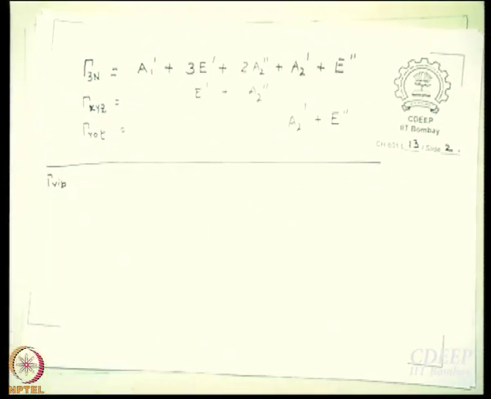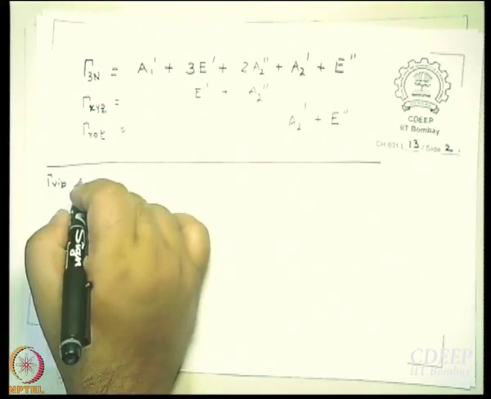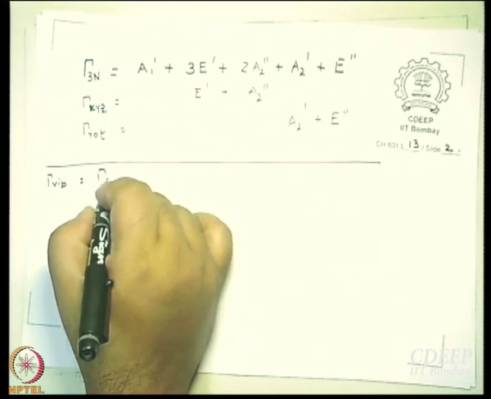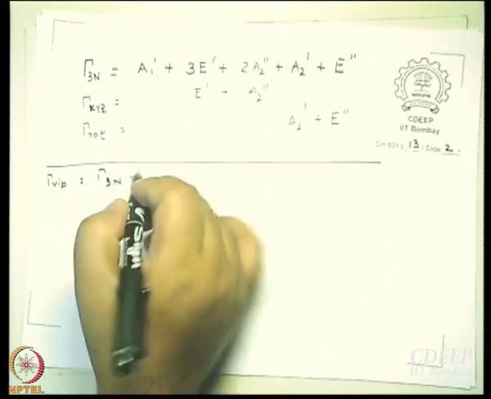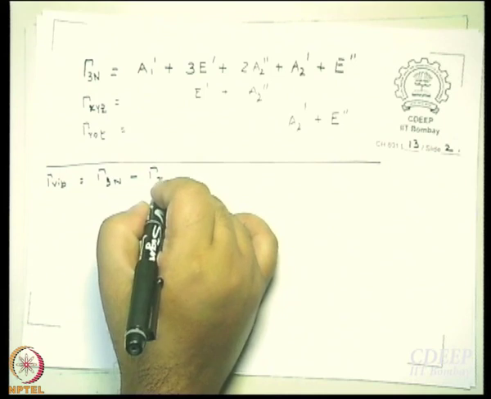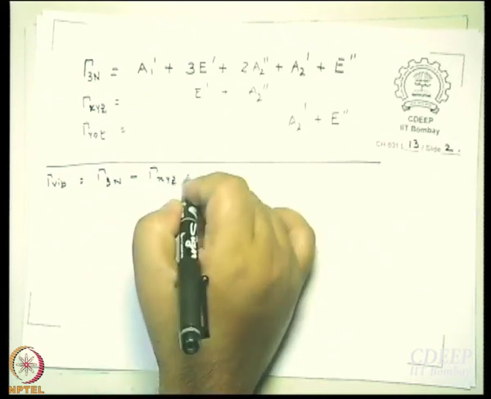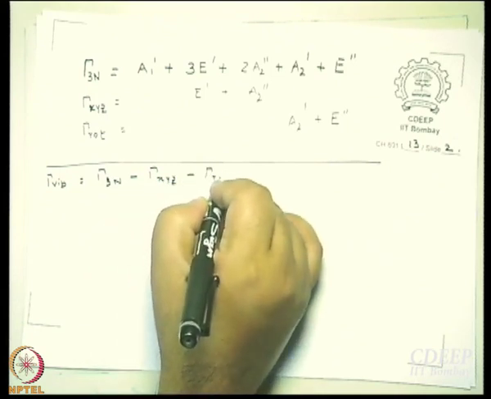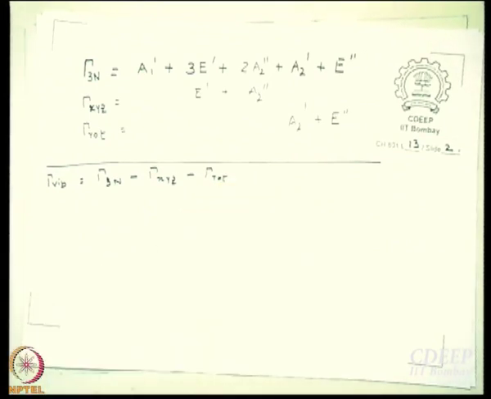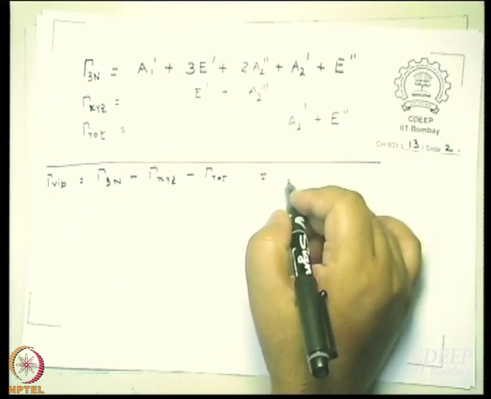Gamma vib means the representation for the normal modes of vibration, that will be equal to gamma 3n minus gamma xyz minus gamma rot. What will that be equal to?